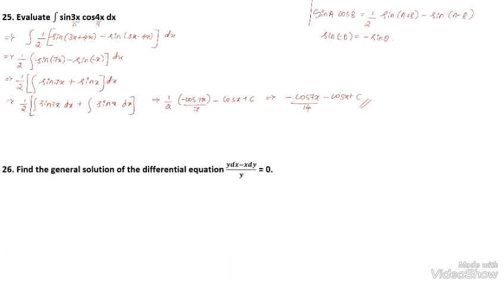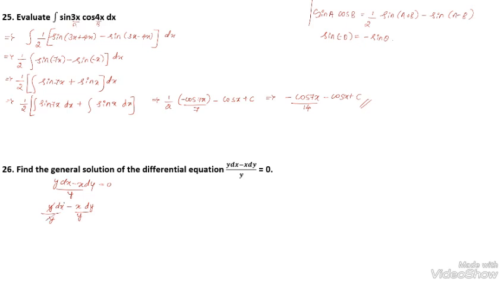Question number 26. Find the general solution of the differential equation. Here, we know the general solution. First, I consider the problem: y dx minus x dy divided by y is equal to 0. Here y is common to both, so I can take it separately: y dx divided by y minus x dy divided by y.